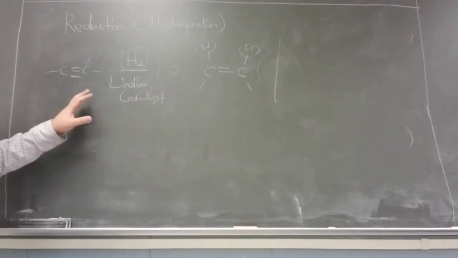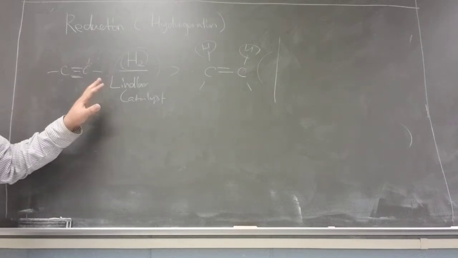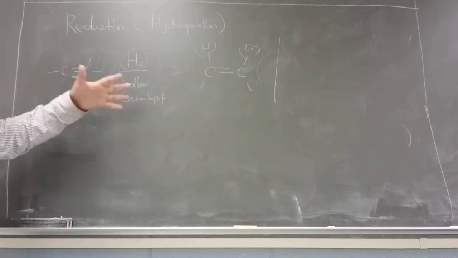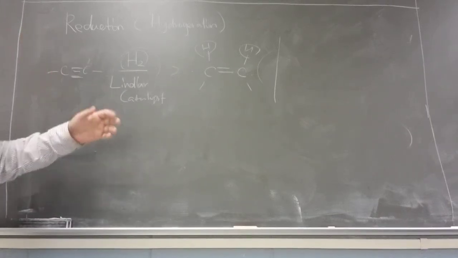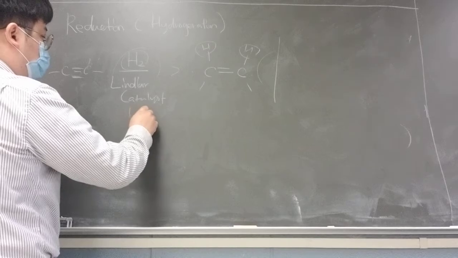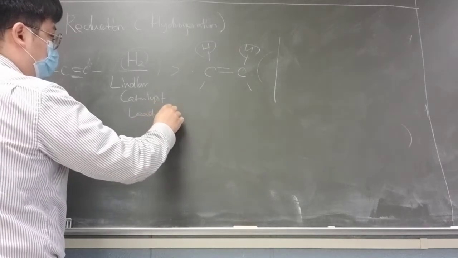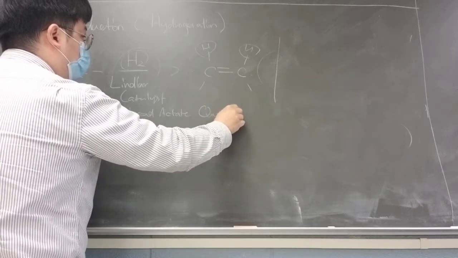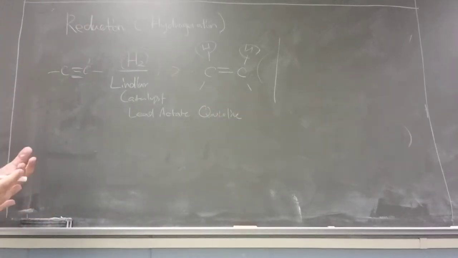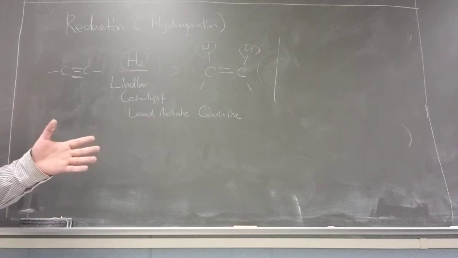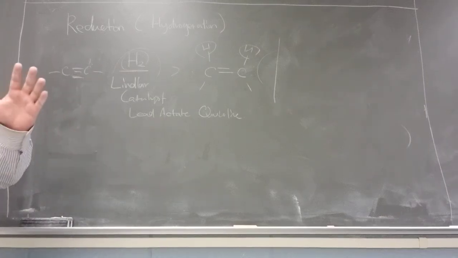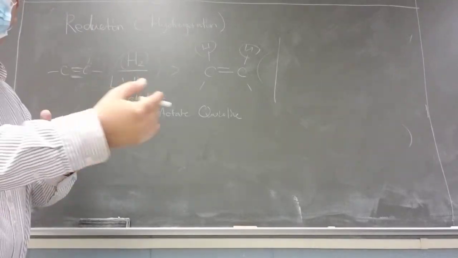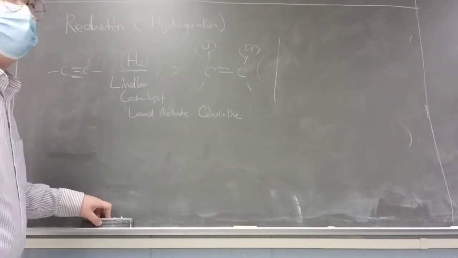You don't have to know how we make this one. This is a bit more deactivated version of the regular catalyst, made using lead acetate and some quinoline compounds. It works as it does, but it's just a bit more deactivated. That's why it just stops at the alkene and doesn't go further. Kind of makes sense, right?